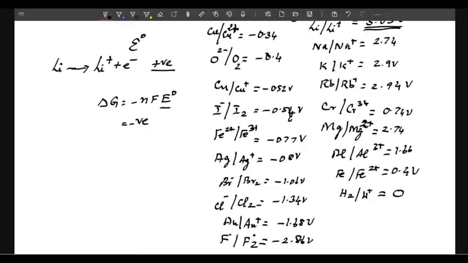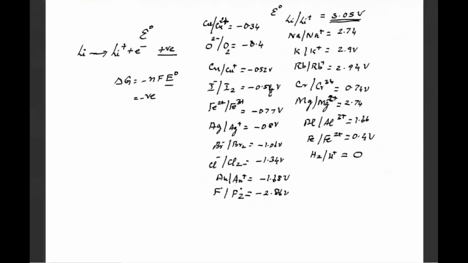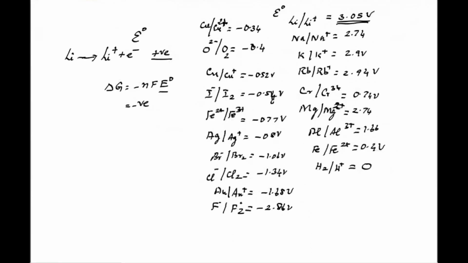Therefore, lithium has the highest tendency to release electrons, 3.05. Sodium has less tendency than lithium. Potassium has less tendency than lithium but higher than sodium.